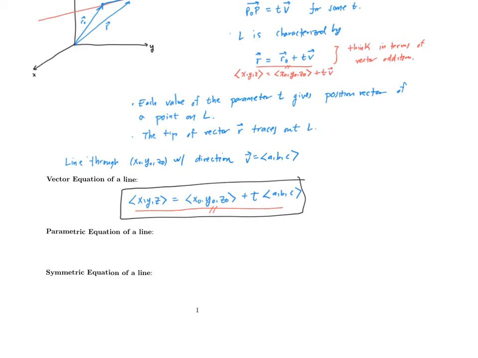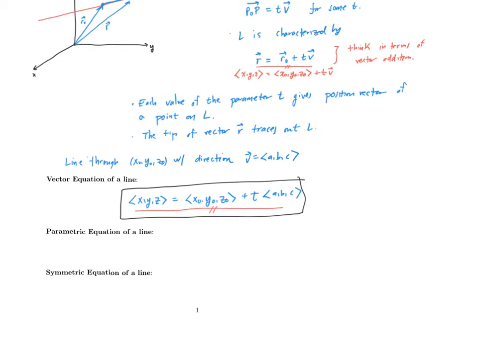And then we can take this vector form of a line and rewrite it in terms of a parametric and then symmetric equation of a line. In order to go from the vector equation to the parametric equation, note that we have really one vector on the left equaling the sum of two vectors on the right.